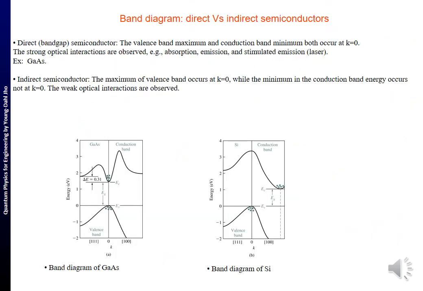Alright, and then we can consider direct versus indirect semiconductors. In a direct band gap semiconductor, the valence band maximum and conduction band minimum both occur at the k equals 0 point. Strong optical interactions are observed, for example absorption, emission, and stimulated emission, which is eventually useful for laser action.